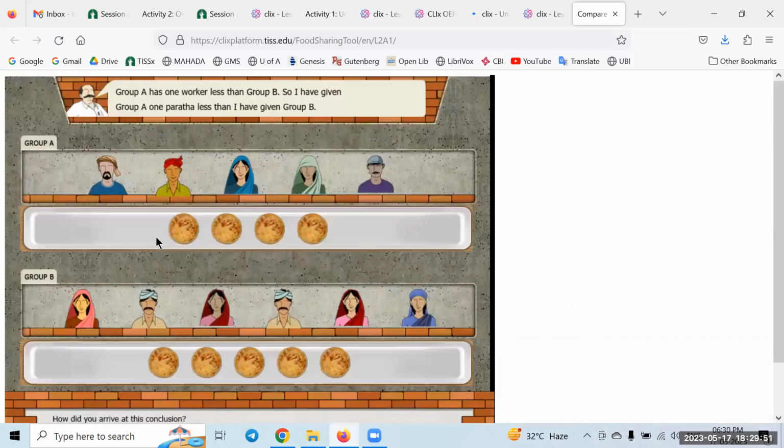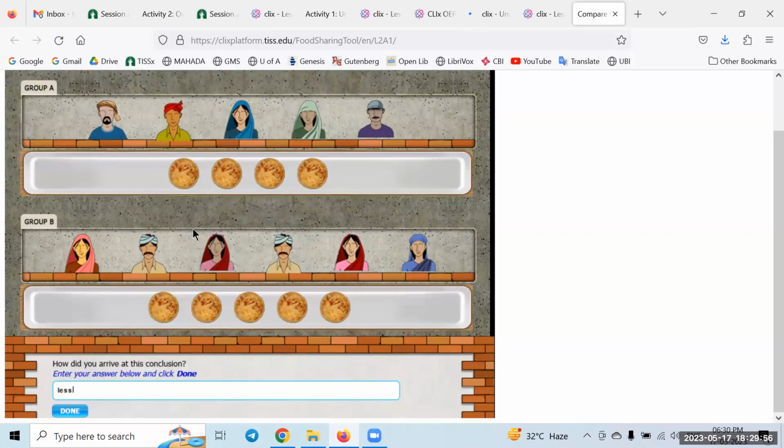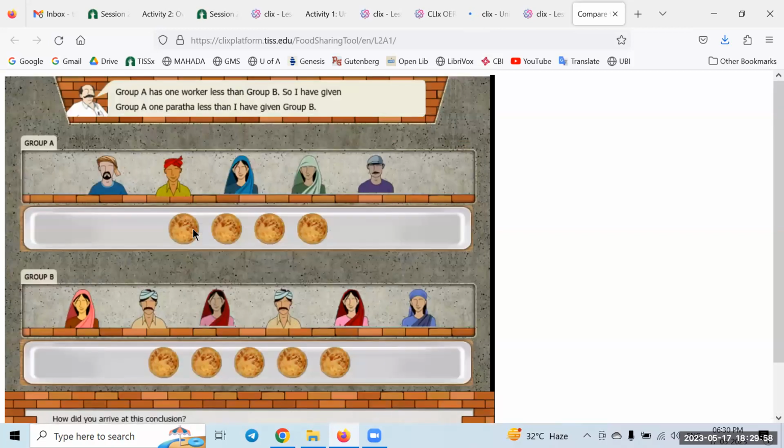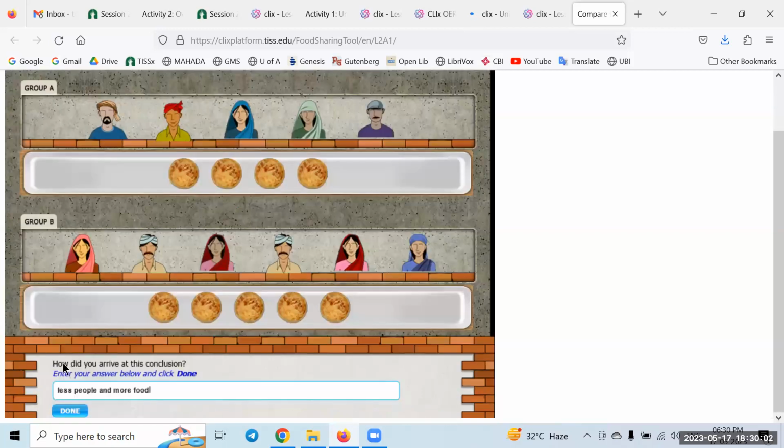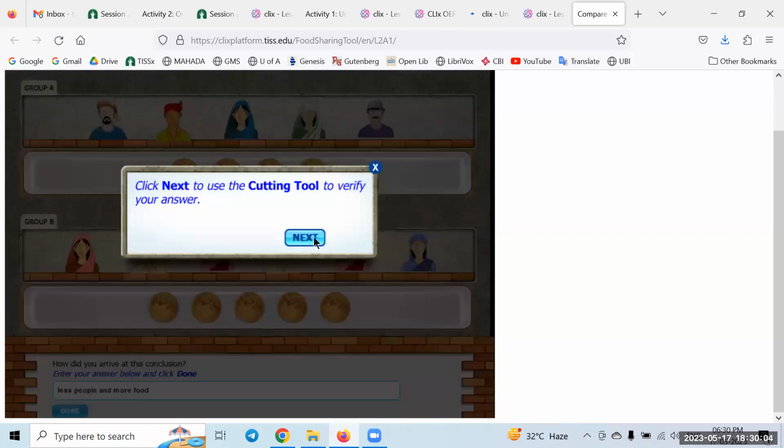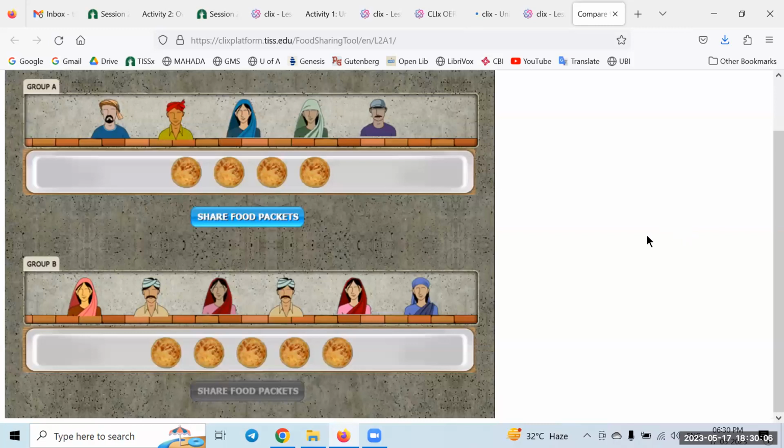Why is it working like this? Less people and more food. Share food packet. Yeah. So now you have to share the food packets in group A, and then you have to share the food packets in group B to understand what is happening.